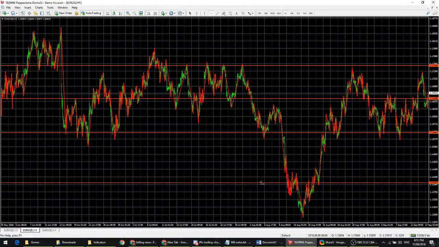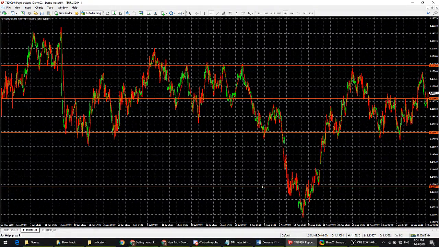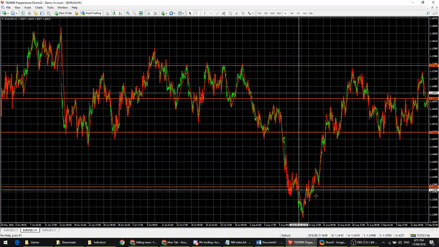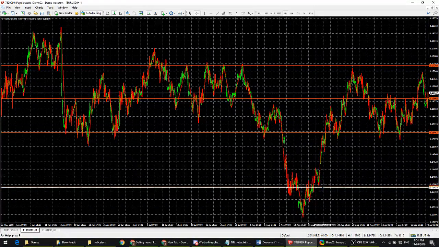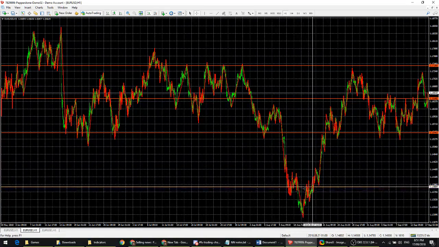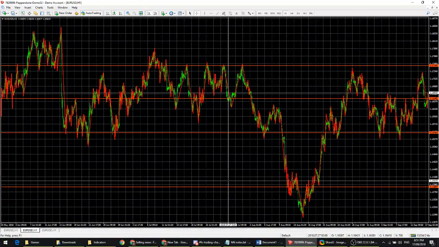The computer would probably also identify points somewhere around here, because there's quite a lot of price action occurring in this area where it's going up and down, so it would probably find a point down here somewhere as well, without exactly knowing how it would do that.